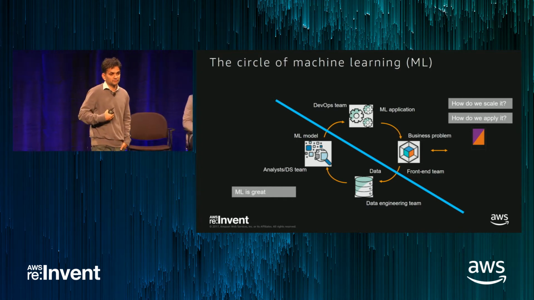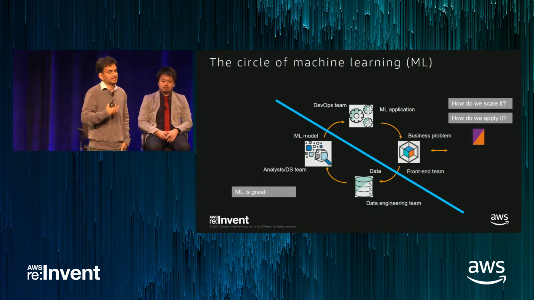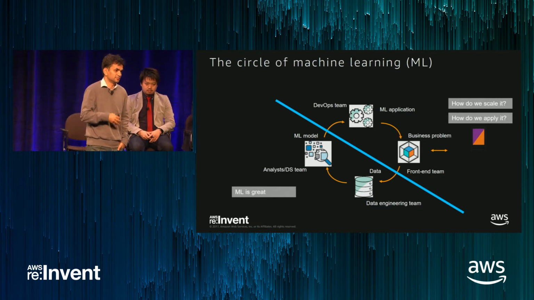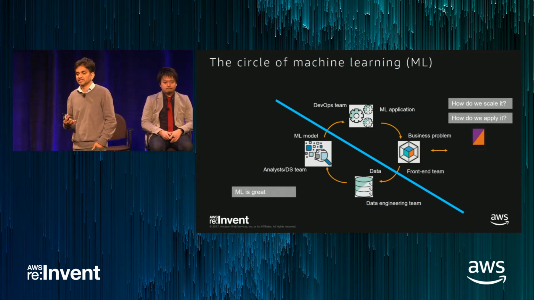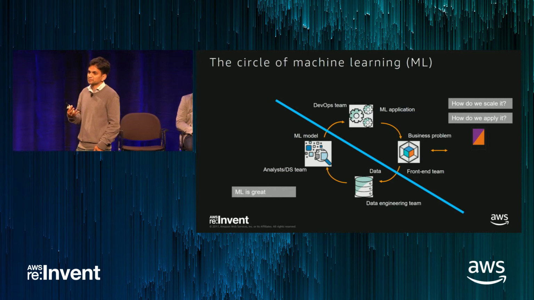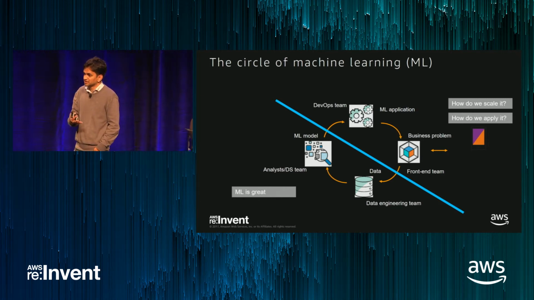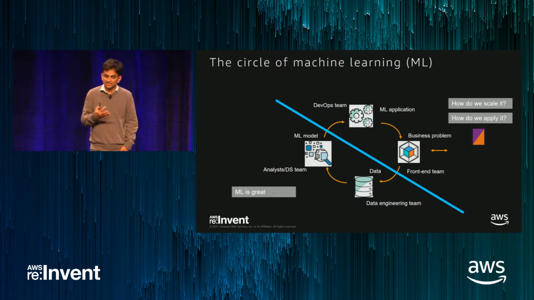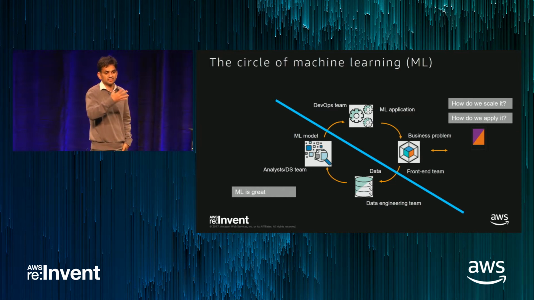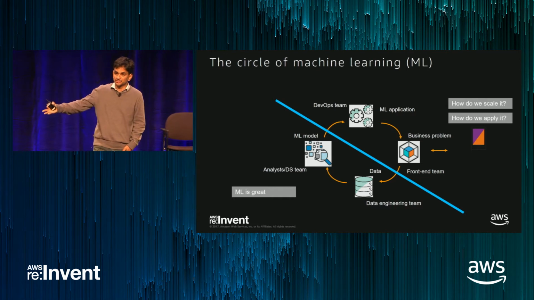But for an end user like me, to find the estimate of a home, it's super important for me that the experience is clean, that this experience is seamless. So there's a team sitting there, which is DevOps, which is tasked with taking these data models and applications and moving them into production.